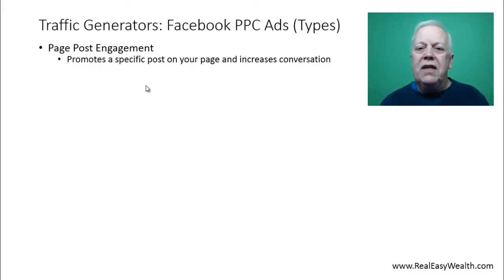So what you can do is take that specific post and promote it through one of Facebook's pay-per-click ads. The only thing I don't like about the page post engagement is that it adds another level of click-through to get to where you ultimately want people. What you're trying to do is drive people to your landing page.